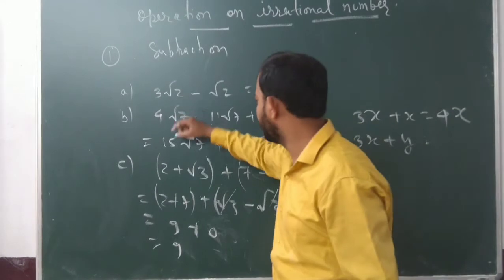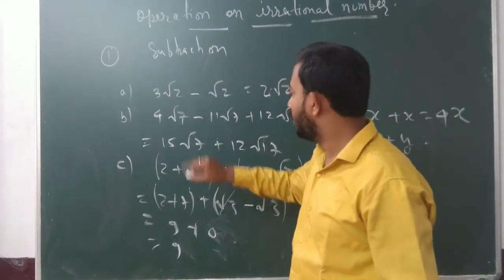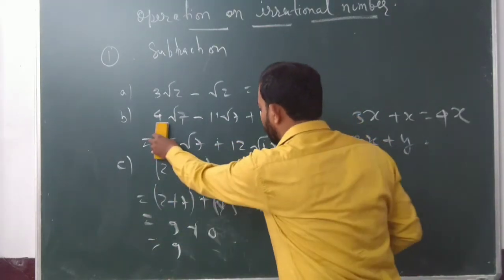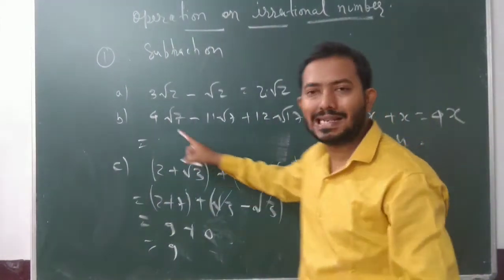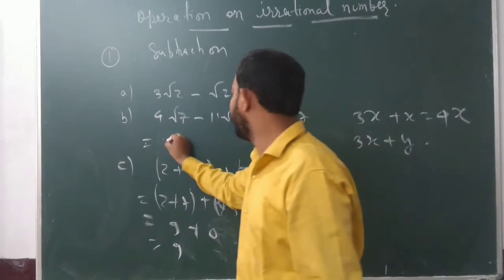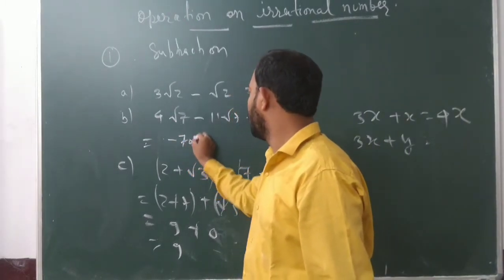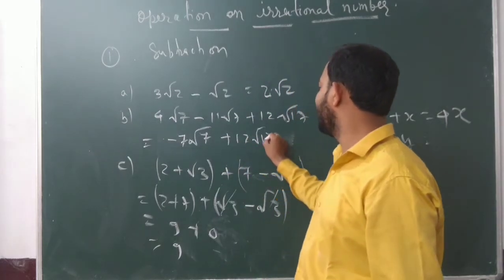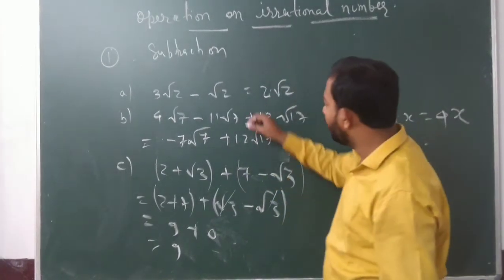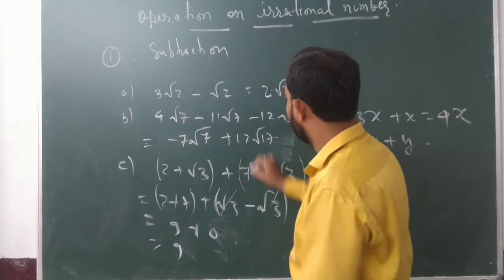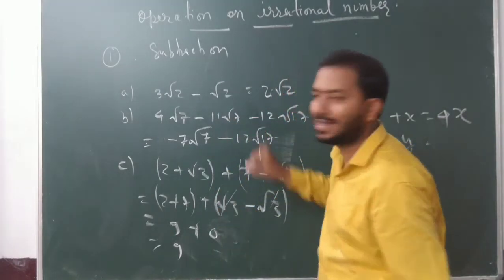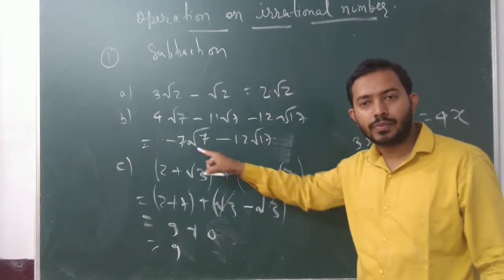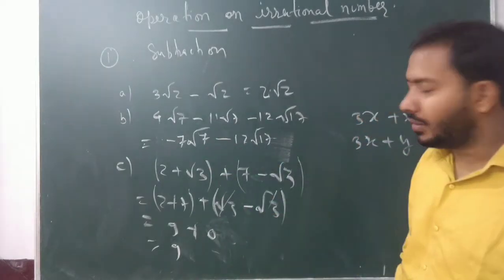If we go for subtraction in the earlier example, what are we going to get? 4 minus 11. 4 minus 11 will be minus 7 root 7 plus 12 root 17. If there is a minus, no problem, keep the minus here. We will not add. Why? Because they are unlike. Okay, for this we have already seen.